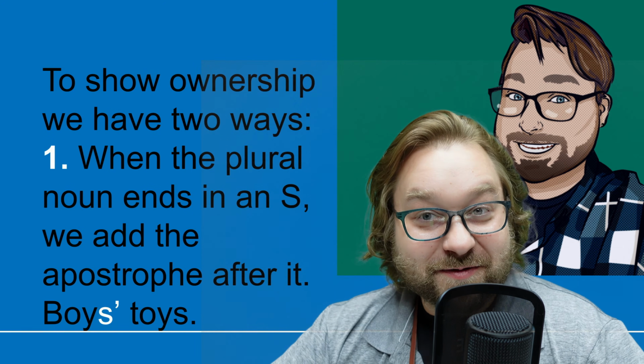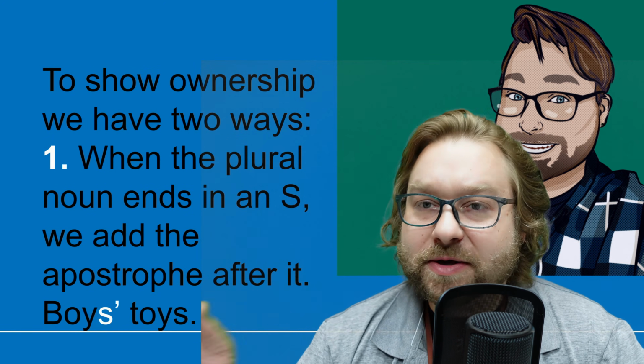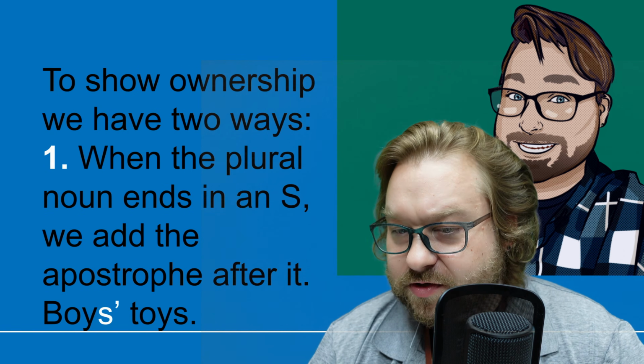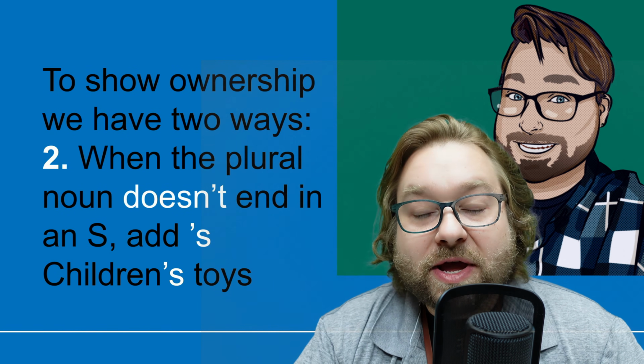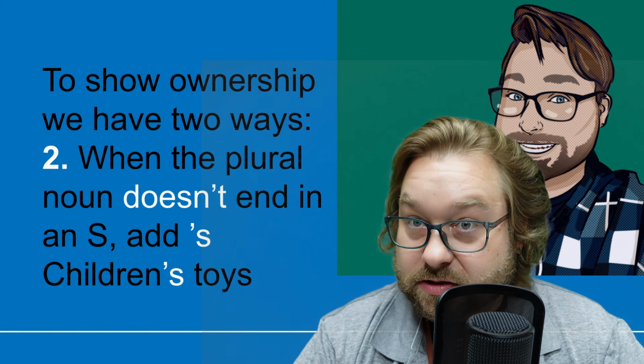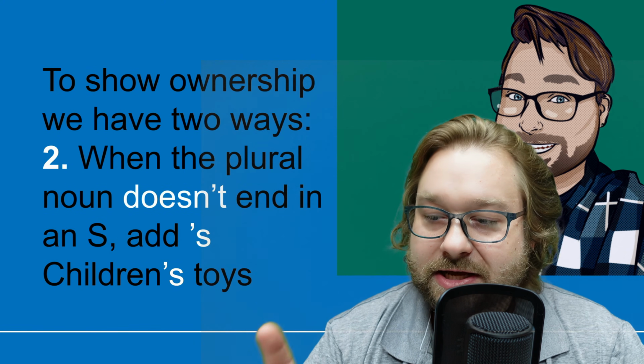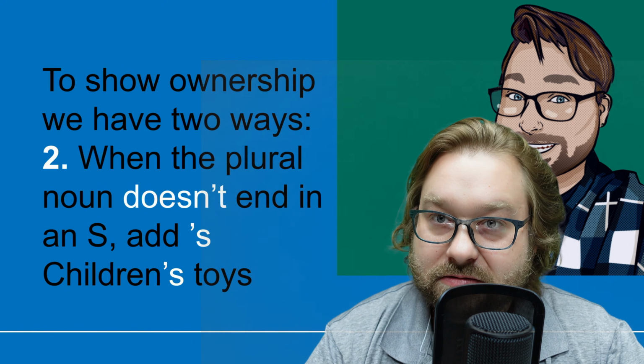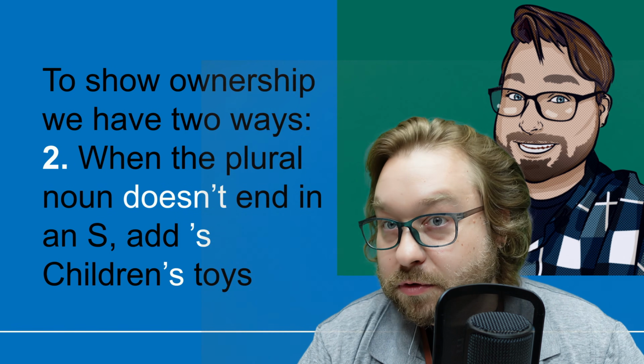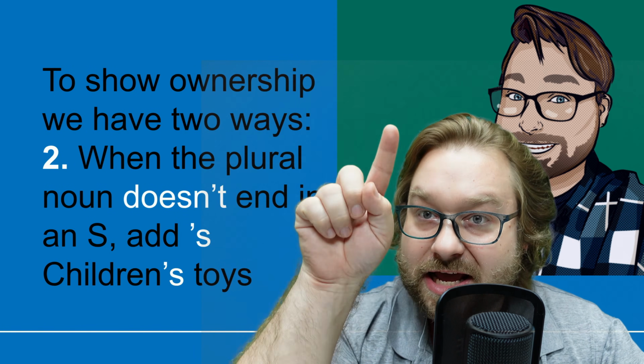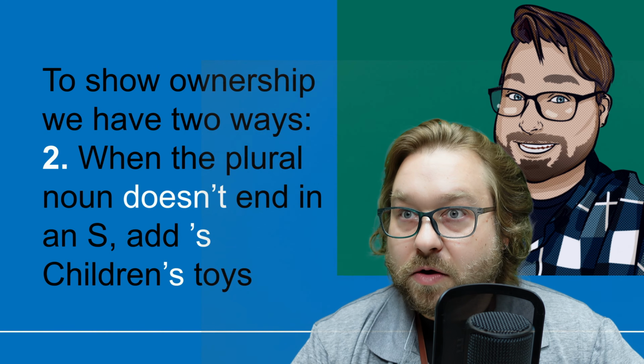I am stumbling over my words today. But let's keep going because there's the second way to do this. Now, what is that? When the plural noun doesn't end with an S, okay? So like an irregular plural, we add an apostrophe S. Whoa.